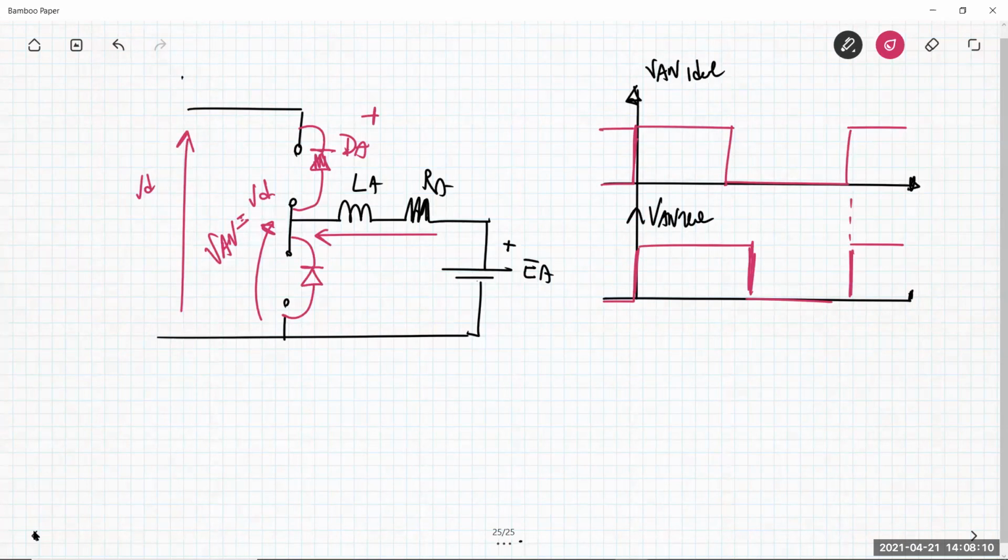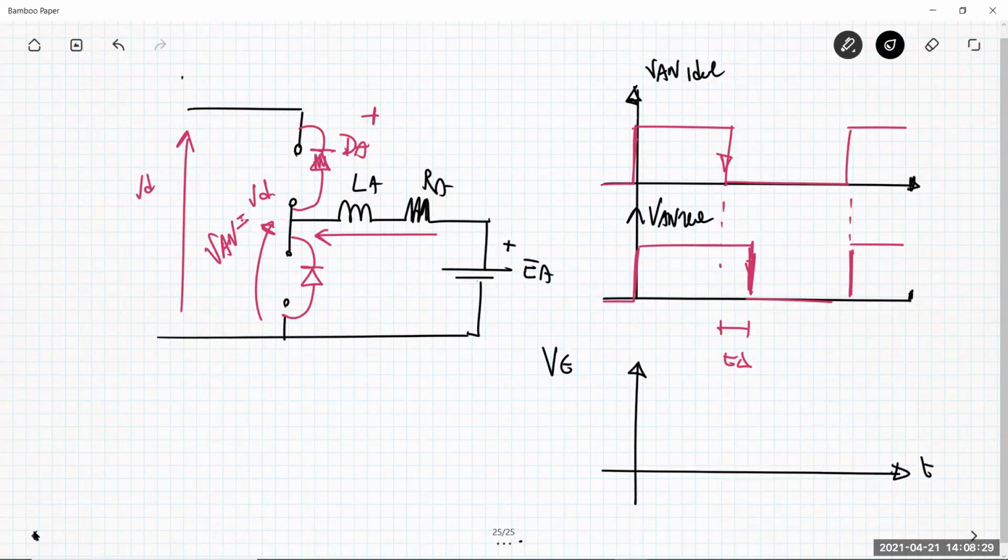The same edges for the rising part, but the falling edge is delayed by T delta. So which is V epsilon, which is the difference? V epsilon is the difference between the ideal and the real. It's something like this, so it ranges negative VD here, and the duration is T delta.